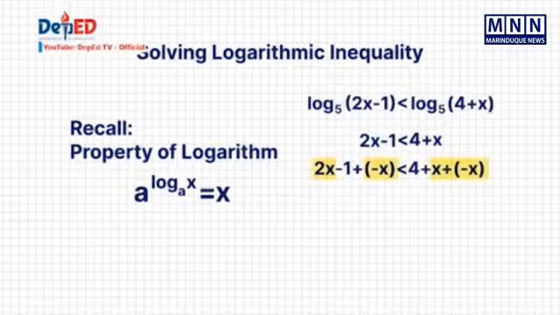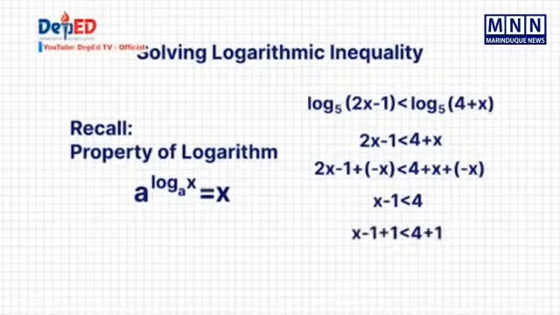Combining like terms, we will have x minus 1 is less than 4. By addition property of inequality, we add positive 1 to both sides of the inequality. That is, x minus 1 plus 1 is less than 4 plus 1.